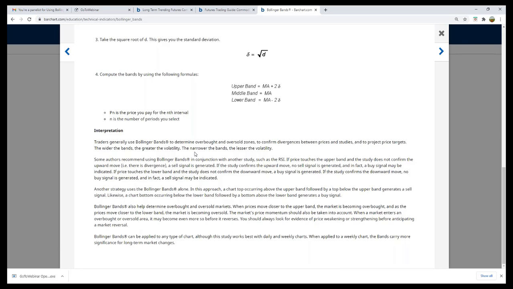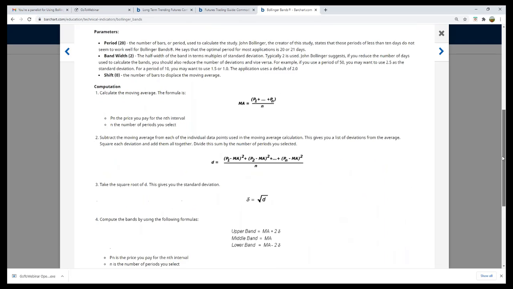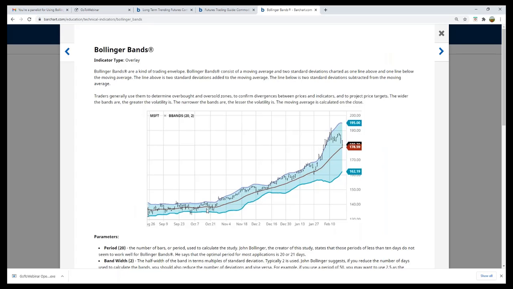So I want you to think about this in these terms. Think about Bollinger Bands like a rubber band. If we have a rubber band in our hand and it's just sitting there, it's at a relaxed state, right? So many times Bollinger Bands will come into a cycle of relax or consolidation, sometimes referred to as coiling.